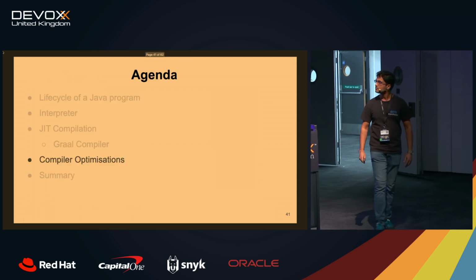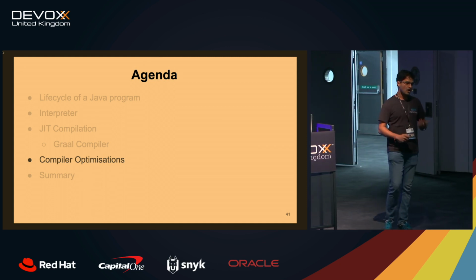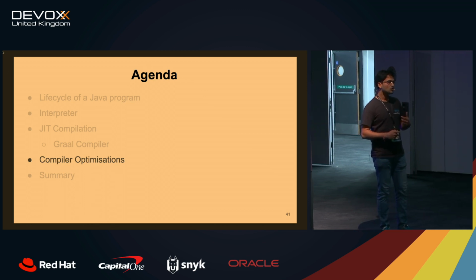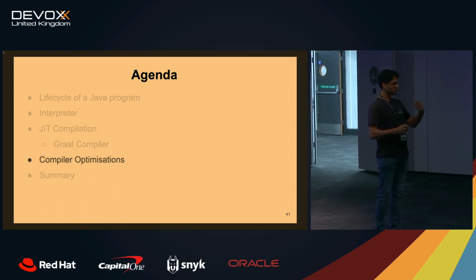So let's see how a compiler optimizes code. And it is useful because this would help you to see, hey, I have this particular sequence, I wrote this code, and I'm not sure whether it would degrade the performance or not.